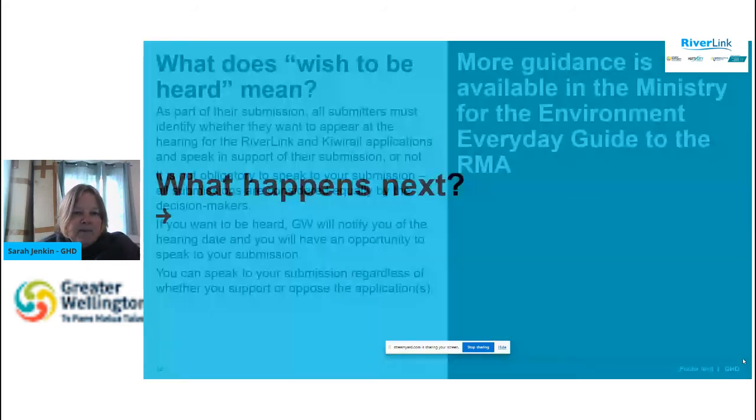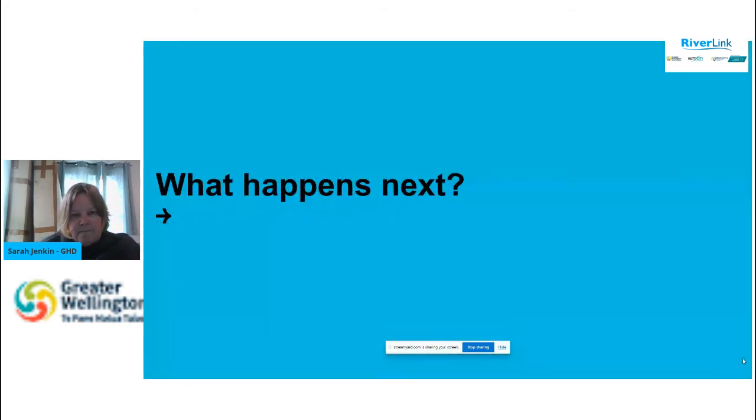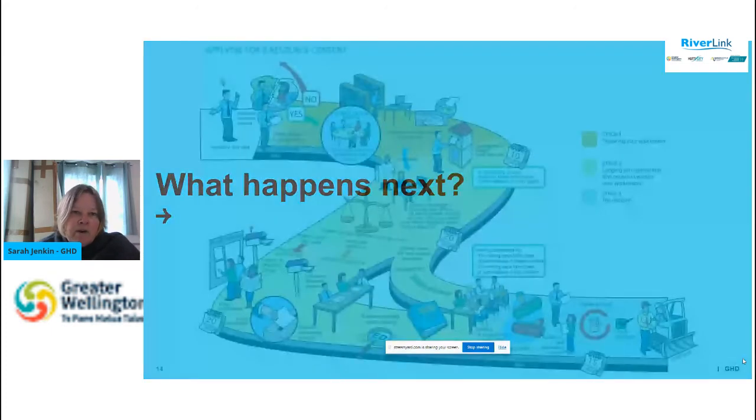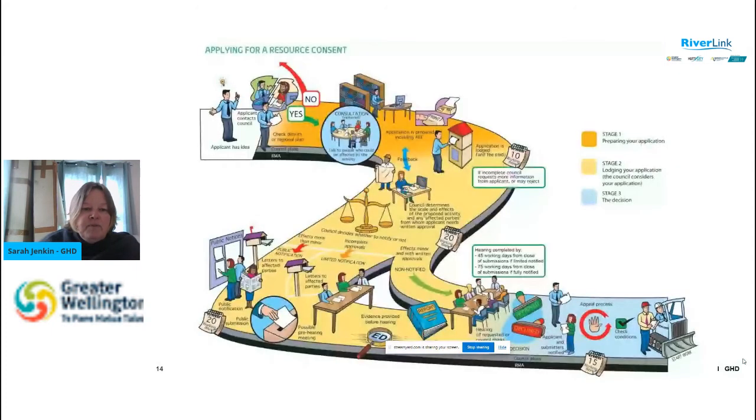So what happens once you've made a submission? So going back to the diagram that I had before, once the public submission process closes, so this bottom left-hand corner, there'll be a number of different activities that occur before a hearing, including preparation of evidence.